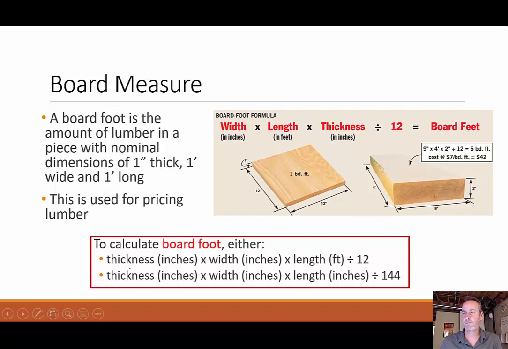One way is to multiply your thickness in inches times your width in inches times your length in feet, and then divide that whole measurement by 12. Or you can convert the whole thing to inches and divide by 144, because in essence your units would be inches, inches, feet, and this is inches, inches, inches.